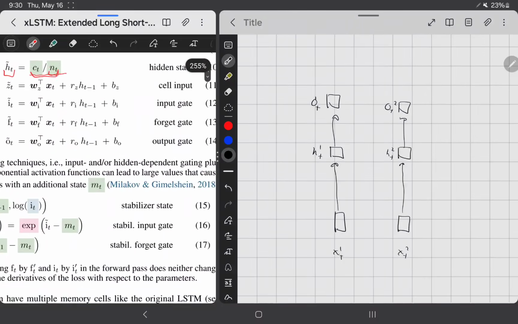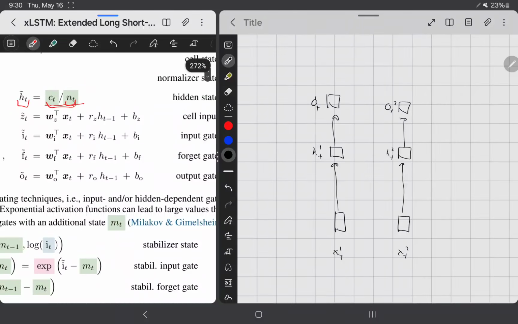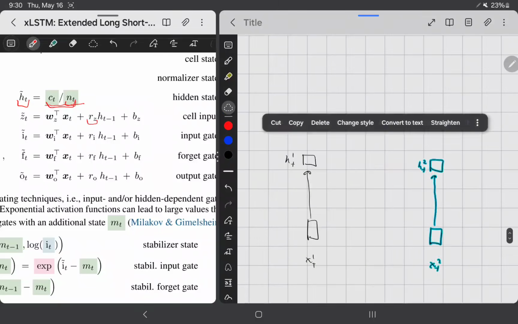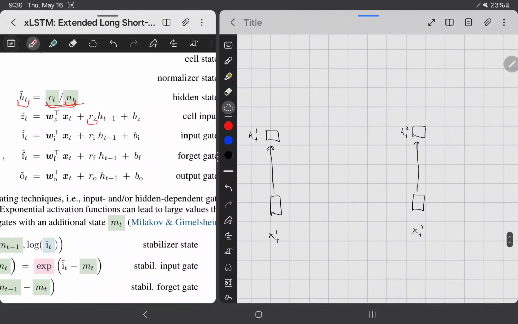Now, if we look at this formulation here, the RZ here is a scalar. So what you do in the next step is you say, oh, this next hidden state here, xt2, is going to be composed of the previous hidden state and this vector here.